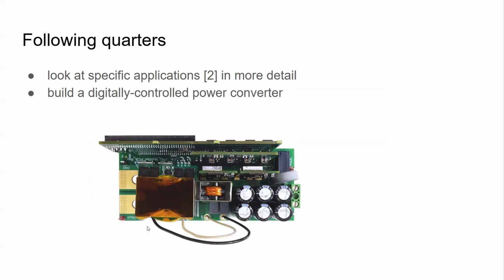So in the quarters after this 10-week treatment, we're hoping to look at specific applications in more detail and then eventually build up a digitally controlled power converter, right? So this is just an example of one of the applications that TI has posted on their web page.